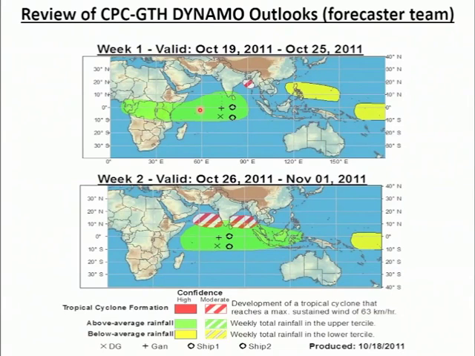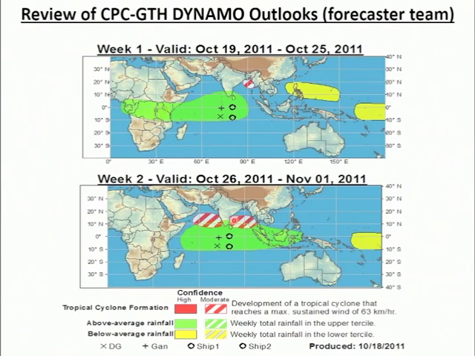This is the October case for the week 1 outlook and week 2 outlook, valid October 19th to 25th for week 1 and 26th to November 1st for week 2, where you can see the team was forecasting enhanced probabilities for precipitation over the Western Pacific, Western Indian Ocean and the Central Indian Ocean, propagating to the Eastern Indian Ocean and the Maritime Continent. This was exactly the time of the first MJO event observed by DYNAMO. So this was a very successful forecast.